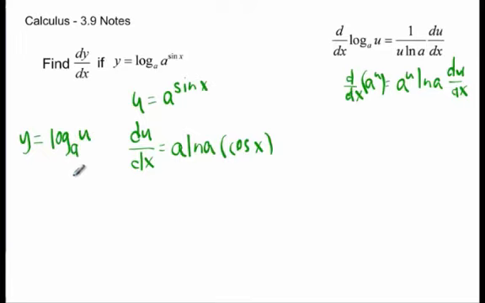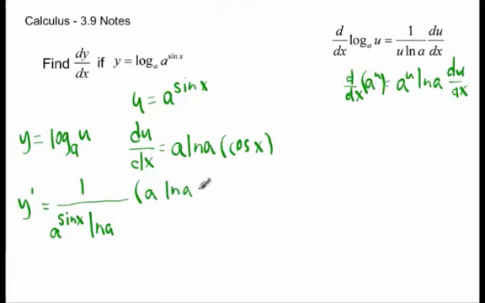So what's the derivative of this going to be? 1 over u, which is going to be a to the sine x, times the natural log of a, times the derivative, which is really a long deal.